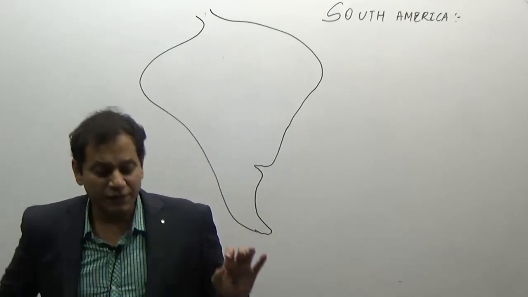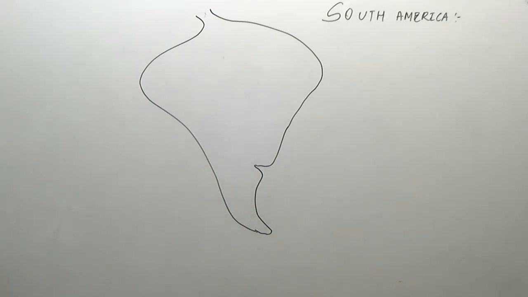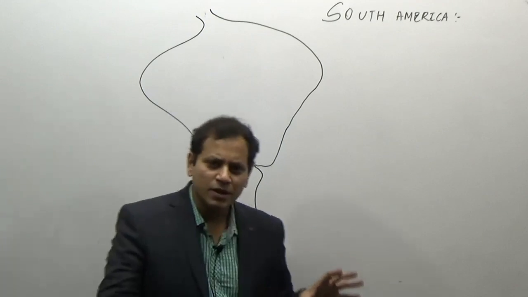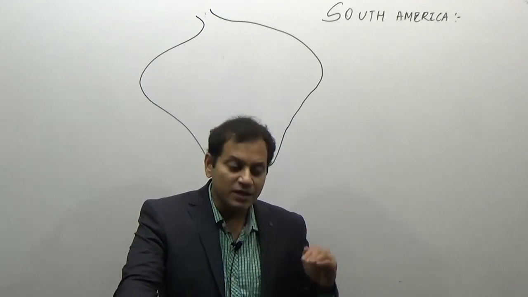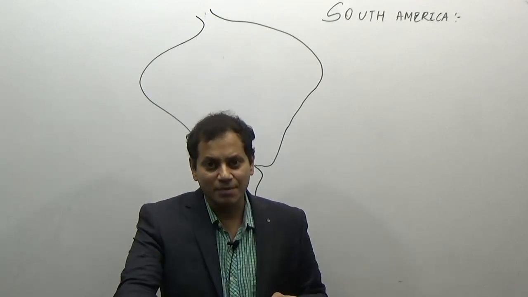So if you look at the South American continent, it is roughly triangular in shape. And it is located in which hemisphere? In the northern hemisphere or in the southern hemisphere?